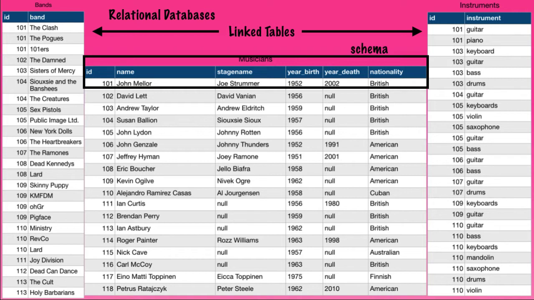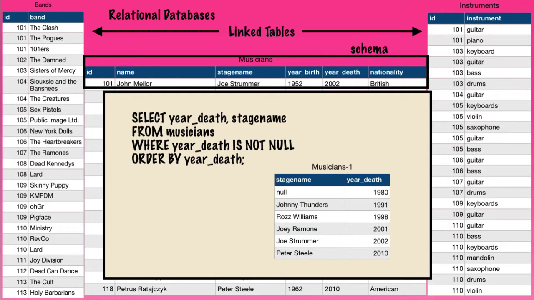Now if I want to make queries from this, for example, let's say I want to look just at those musicians who've passed away. Okay, from the musicians database, I'm going to select the year that they died and the stage name. It's going to sort just people whose year of death is listed, and then it's going to sort it by that field as well.